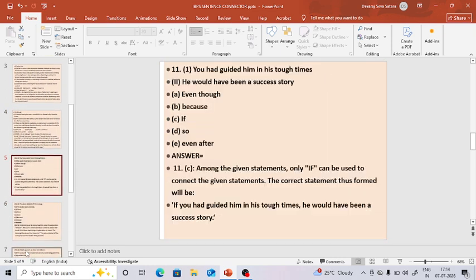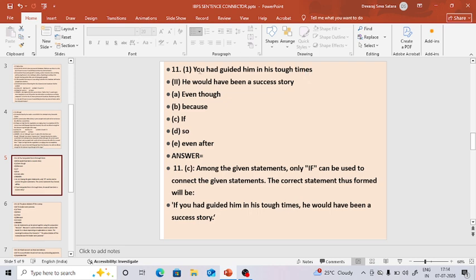Now here the question is a little bit different. Here two sentences are given to you, and from these given options, even though, because, each, so, even after, you have to use the proper conjunction. They have guided him in his tough time.